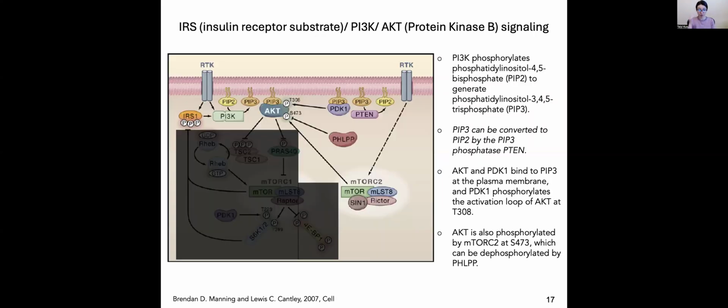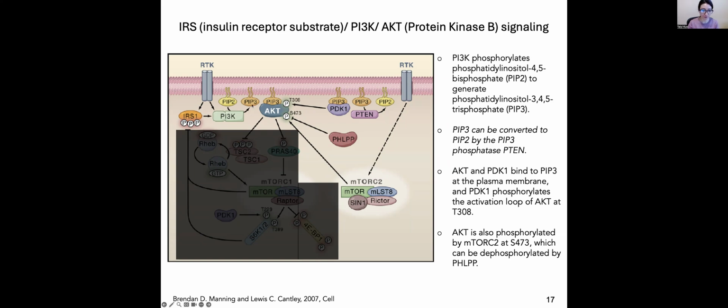All right, let's continue. So we just talked about the insulin receptor, okay? The receptor tyrosine kinase and the IRS, and then we ended up on the PI3 kinase. And the PI3 kinase is going to go ahead and phosphorylate PIP2 or phosphatidylinositol 4,5-bisphosphate to generate PIP3 or phosphatidylinositol 3,4,5-trisphosphate.